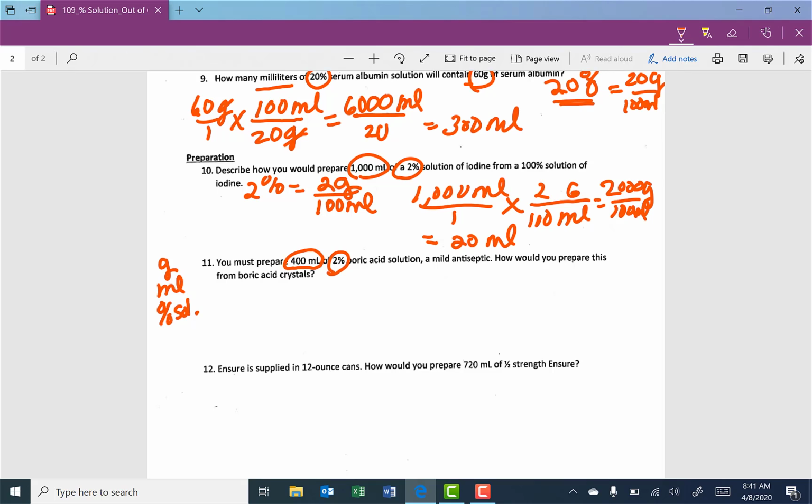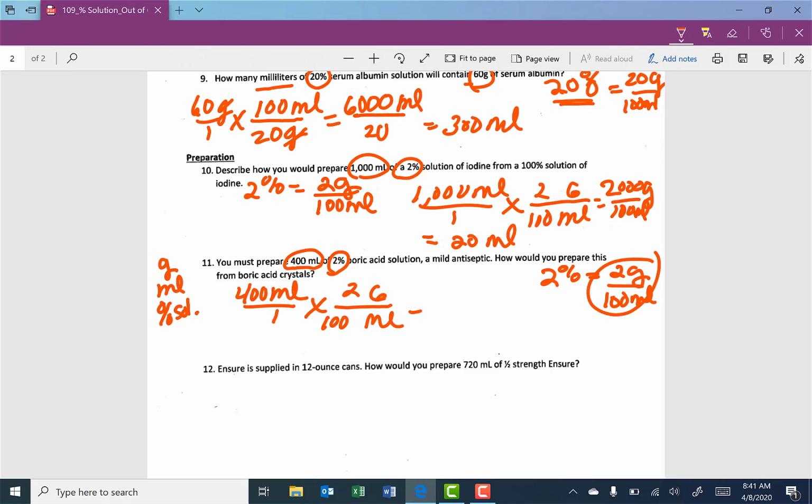So, excuse me, start with your 400 milliliters because that's what's given. Put it over 1 times, what's our 2% mean? 2% solution means 2 grams over 100 milliliters. So let's line it up. Our milliliters goes here, which means our grams goes here. Use this percent, so you have 2 over 100.